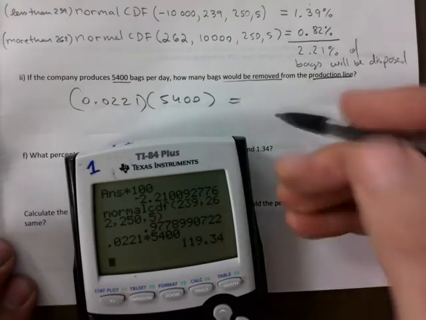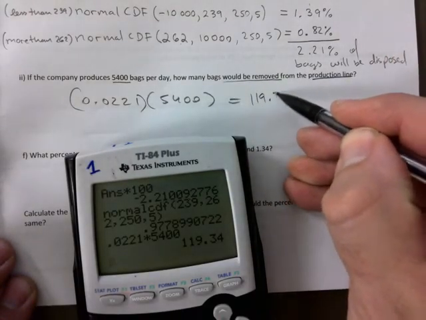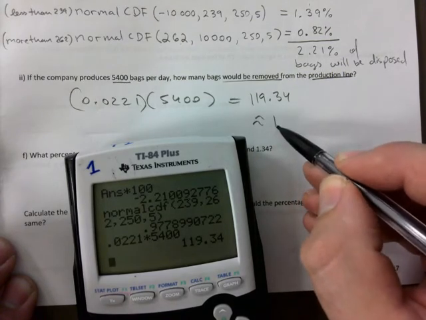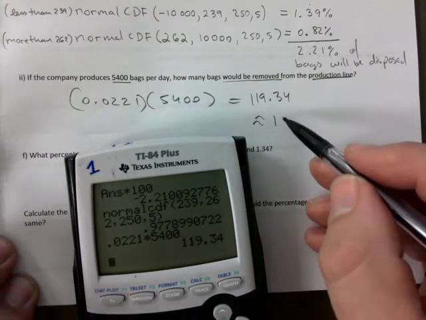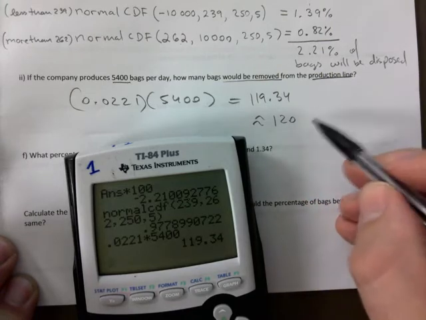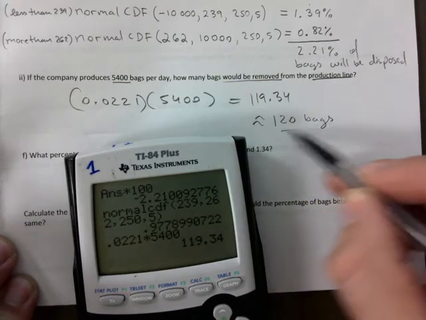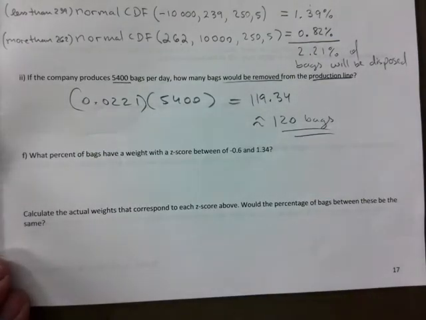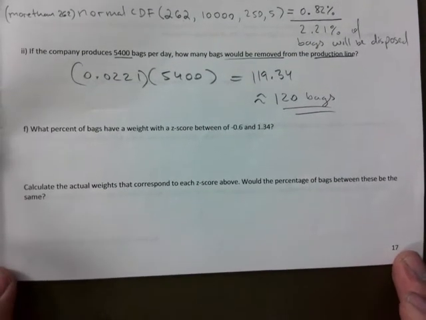And that's 119. I like that this is a decimal because we can't answer that. So what would you say? I would say 120 bags, just to be safe. If you're removing, I'd rather remove a little bit extra to make sure we account for the loss.